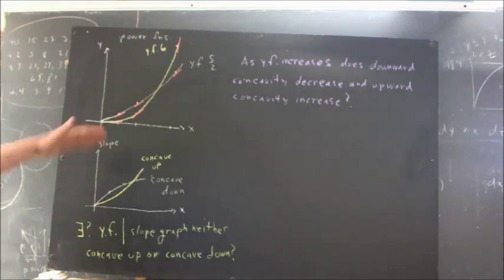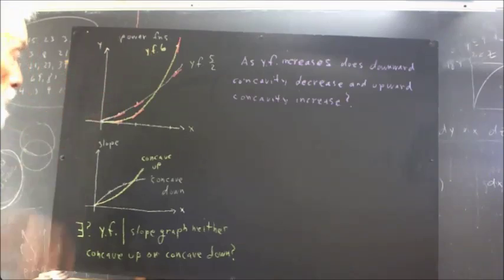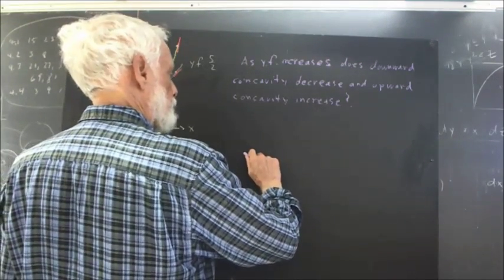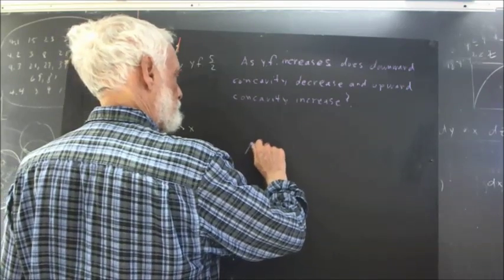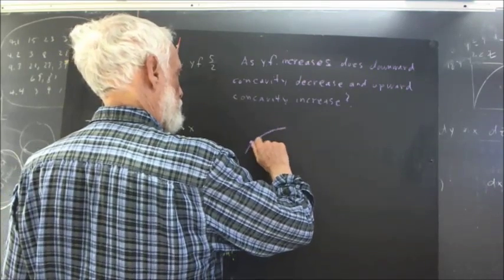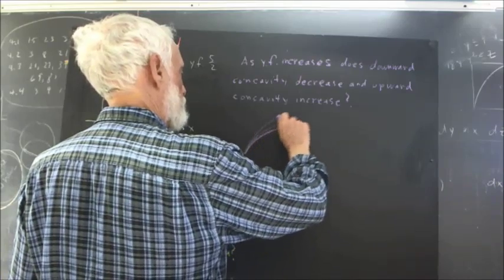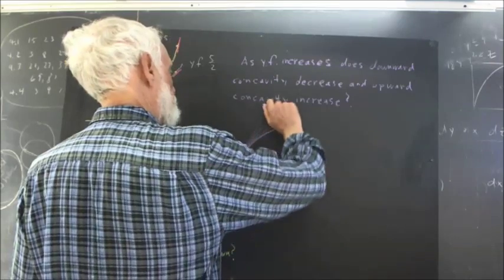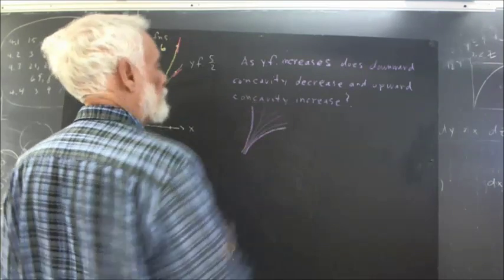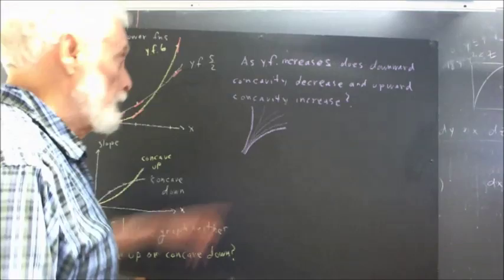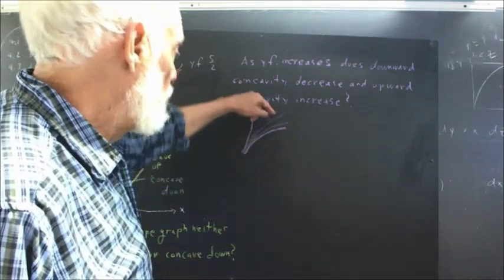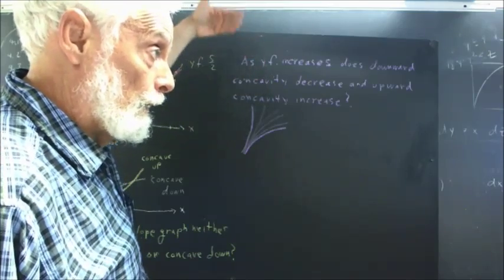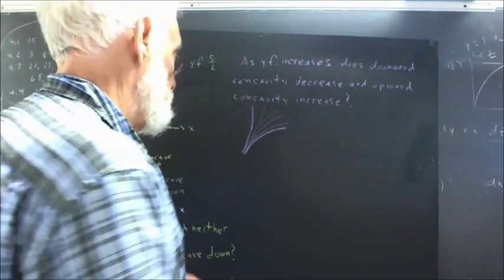Is that the progression as might be implied by just these 2 graphs? Okay, so just to illustrate what that might look like, you might have less and less downward concavity until you switch over to an upward concavity. Okay, decreasing downward concavity, switching over to upward concavity, then increasing upward concavity.